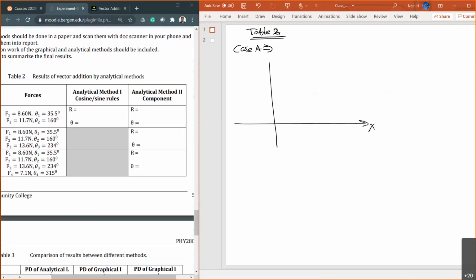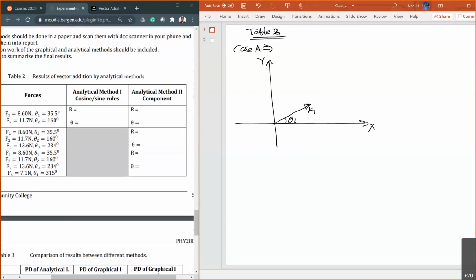X-axis, y-axis, and the first vector is always starting from the origin. That is our vector f1, and this angle is going to be, let's say, theta 1. We know theta 1 is 35.5.